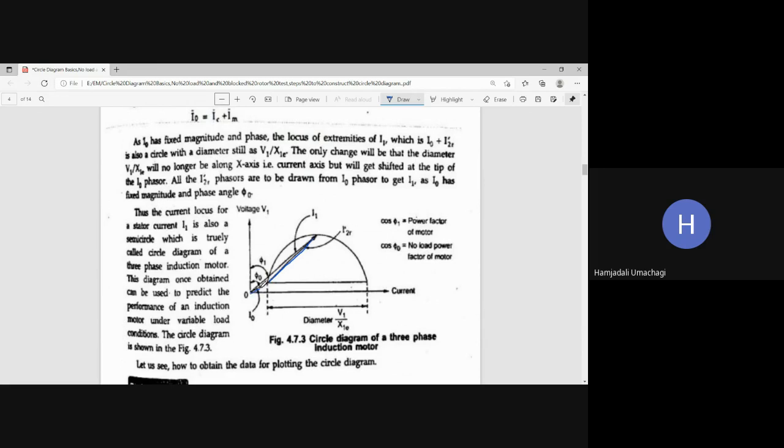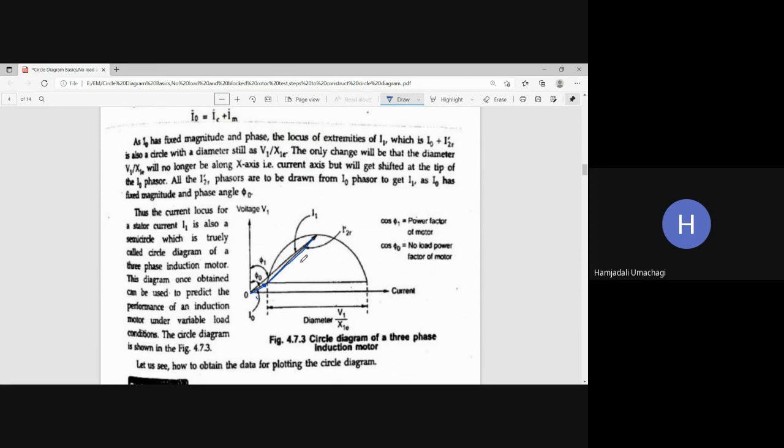So this whole thing is I naught, and from the tip of I naught we represent I dash 2R. I naught plus I dash 2R is equal to the stator current I1. Thus, the current locus for stator current I1 is also a semicircle, which is truly called the semicircle of the three-phase induction motor.